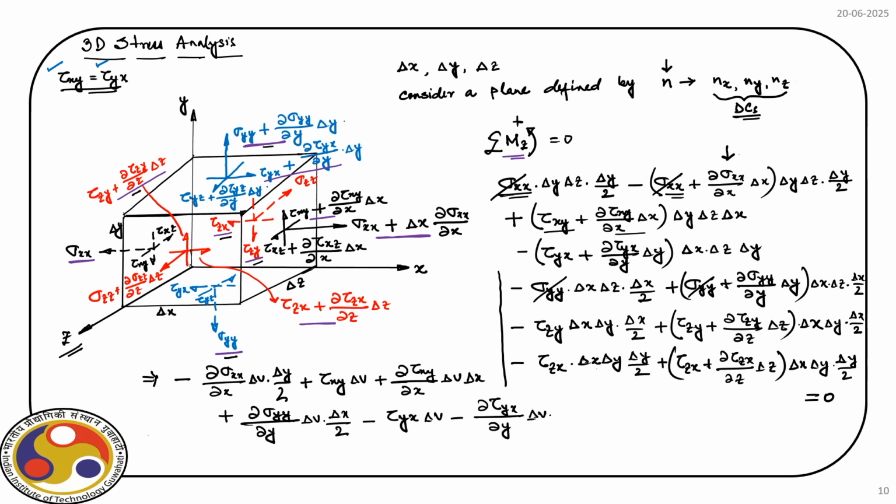So, we will get delta v times delta y. Then we have minus variation of tau zy times delta v times the lever arm delta x by 2. And the last component, plus variation of tau zx divided by z times delta v times the lever arm delta y by 2.